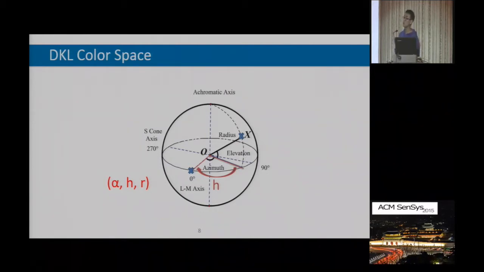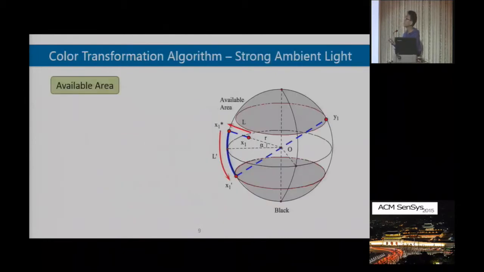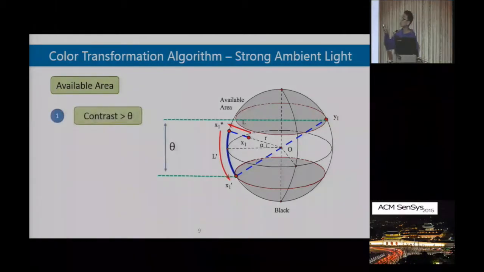So here we need to reflect all the factors we have already talked about in this DKL color space. So how do we reflect those factors here? We have already mentioned that contrast must be over theta, which means the color we want to select will be in this gray area, because this contrast is theta.